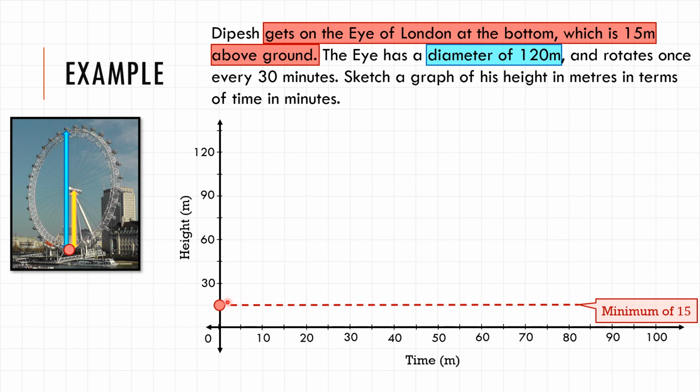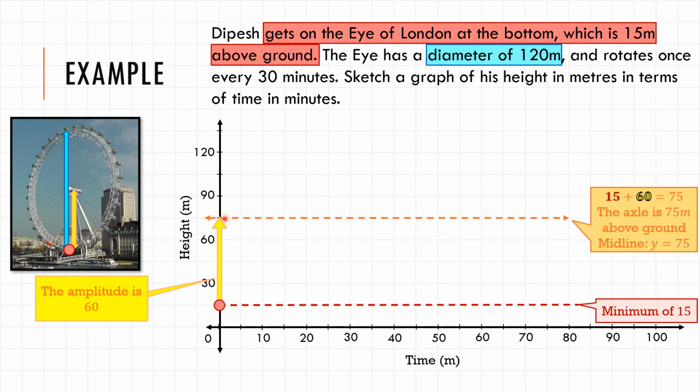And because the amplitude is the distance between the maximum or the minimum to the midline, I know that if I have the minimum here, the amplitude is 60, and that would tell me that my midline should be right over here. From 15, I went up by 60 to get to 75.